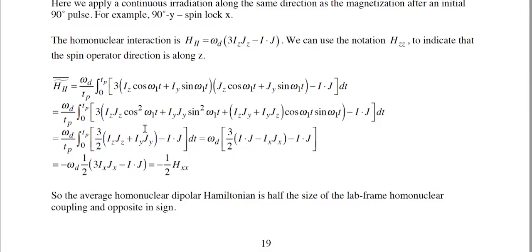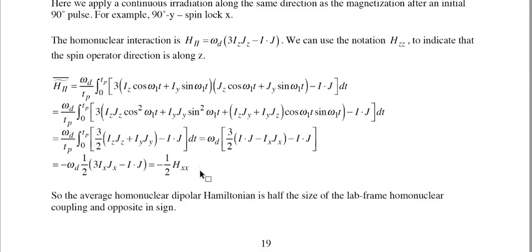Instead of just omega D in the front, I get a minus omega D times 1/2. So basically the average homonuclear dipolar coupling under spin lock has half the strength of a laboratory frame dipolar coupling, and it points in the spin lock direction, the X direction, HXX.